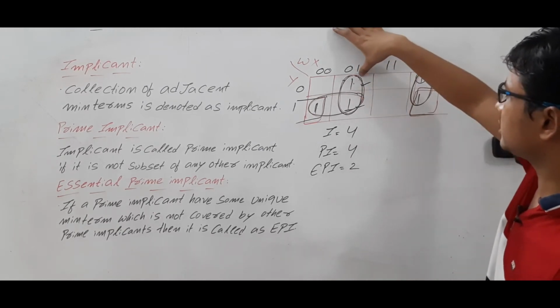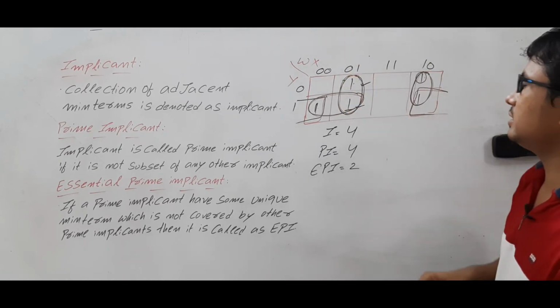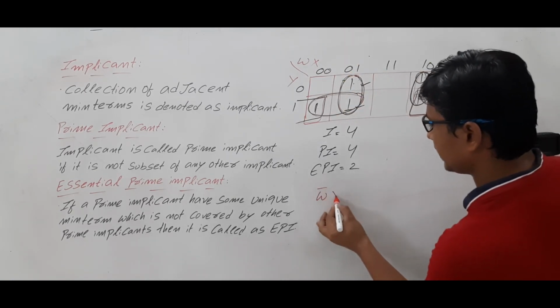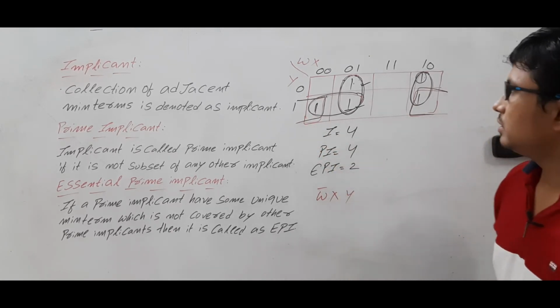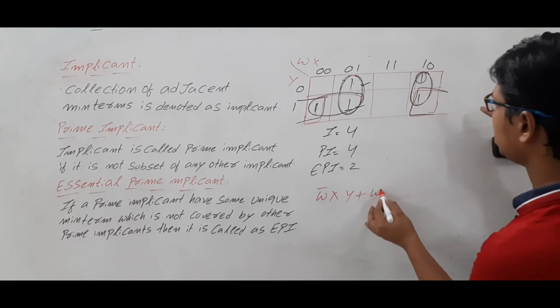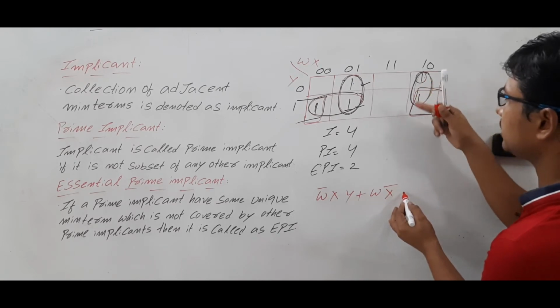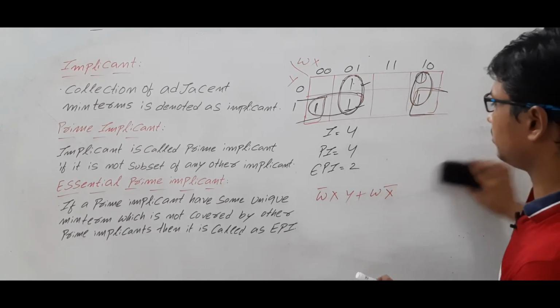Now, first take this prime implicant. What is this one? This is W bar X, okay, and then you have a Y. Are you able to understand? And this one is W X complement, and then this is not W complement XY.